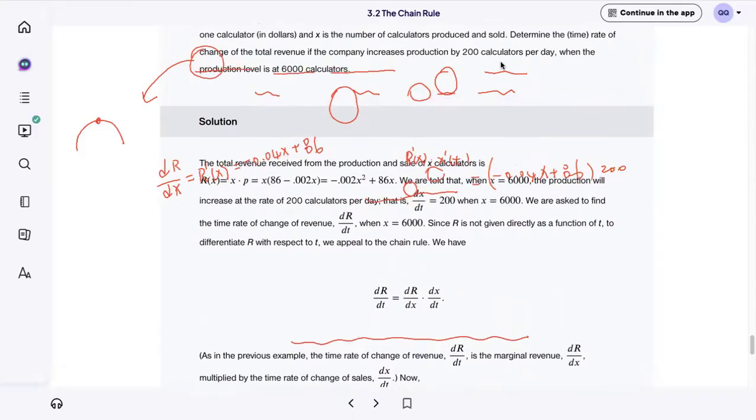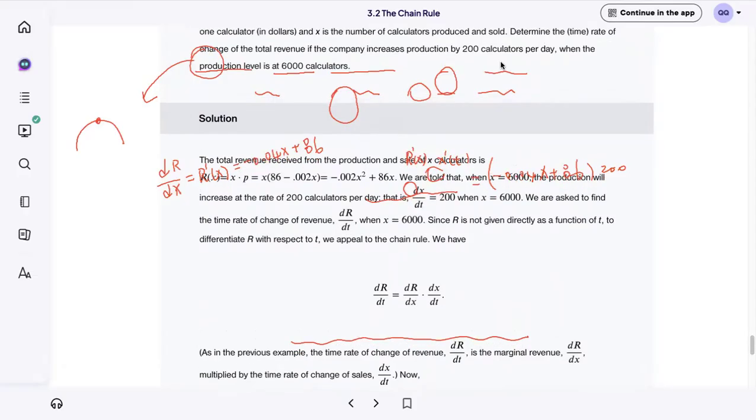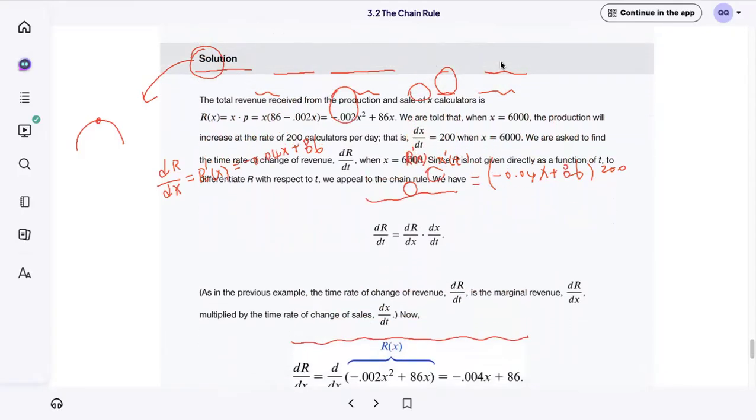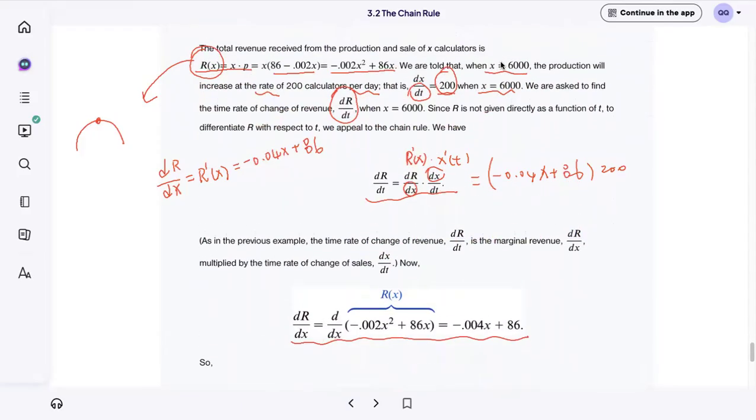So we want to find the rate of change of the total revenue, dR/dt, when the increased production is 200 and at the level of 6,000 calculators. So that's why we need to find dR/dx. We need to find dR/dt, that's dR/dx times dx/dt. Multiply these two, then we plug in 6,000, the quantity given.